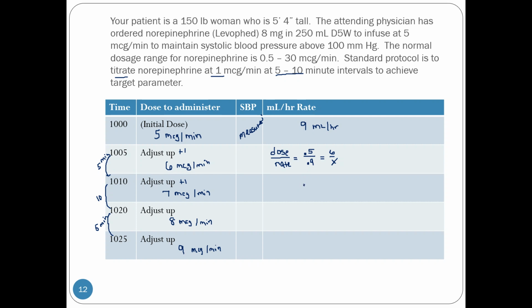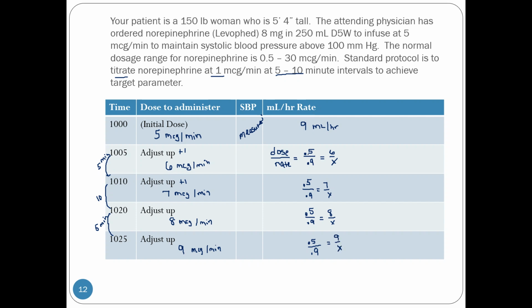So my next one is 0.5 over 0.9 is 7 over X. And then I have 0.5 over 0.9 is 8 over X. And finally, 0.5 over 0.9 is equal to 9 over X.